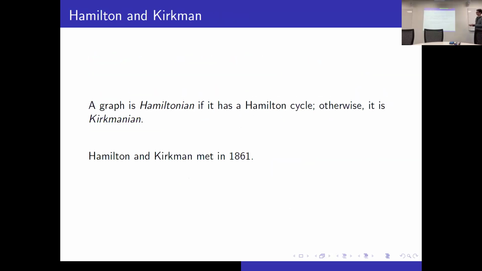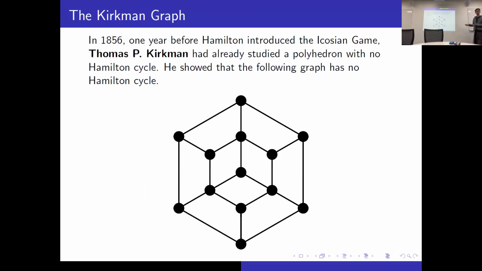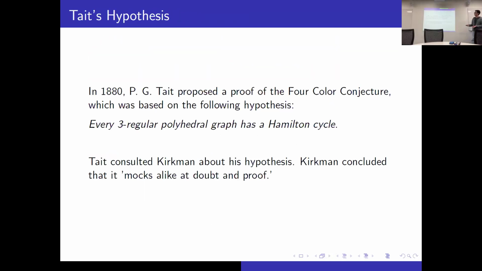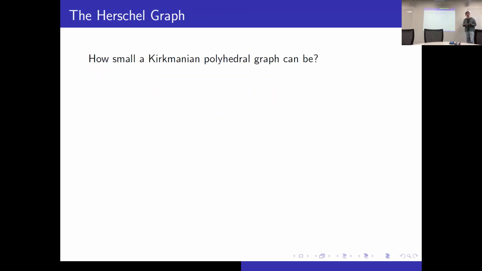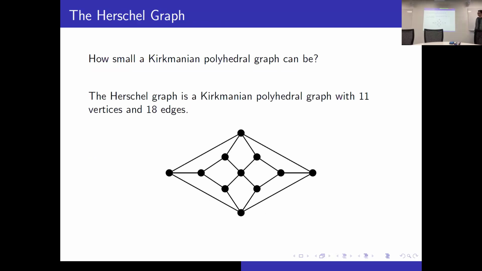We have seen one very small, which is the Kirkman graph, which is much smaller than the Tait graph. But still we can ask whether it is the smallest or whether there is an even smaller one. And yes, the smallest one is the Herschel graph, which has no Hamilton cycle and has only 11 vertices. The Kirkman graph has 13 vertices, but the Herschel graph has only 11 vertices.